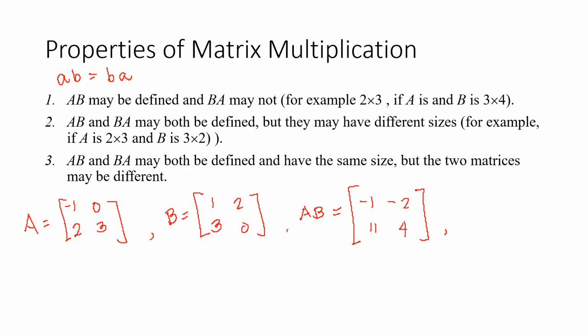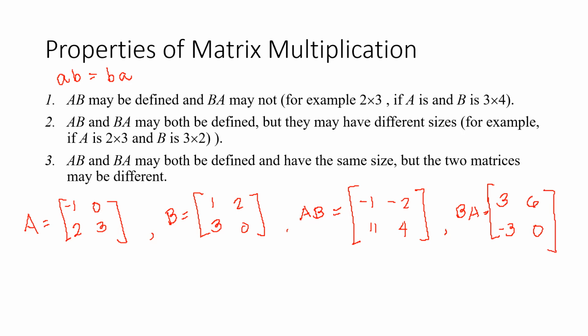Then if you have matrix BA, here you have 3, here is -3, here is 6, and you have 0.